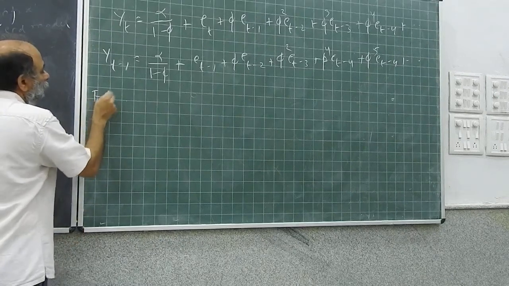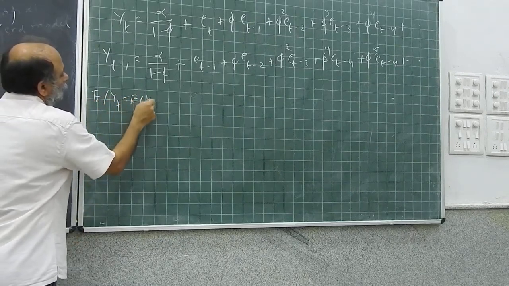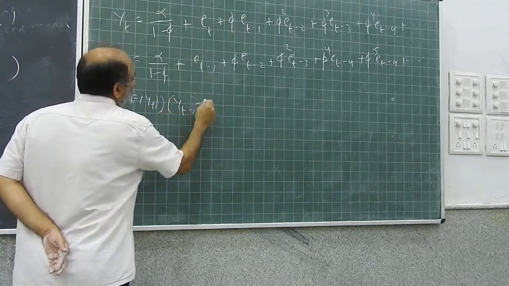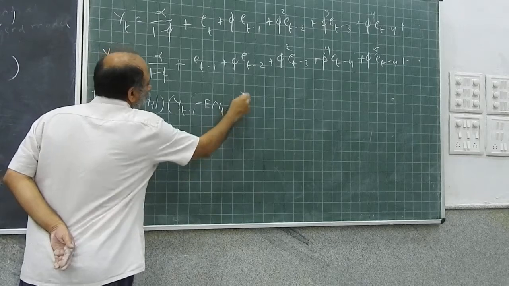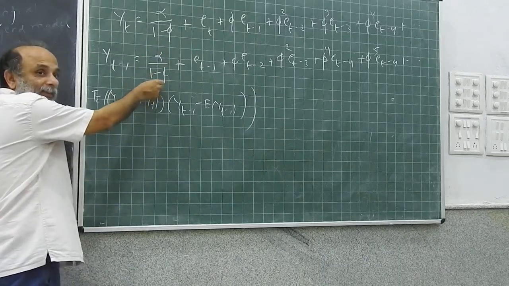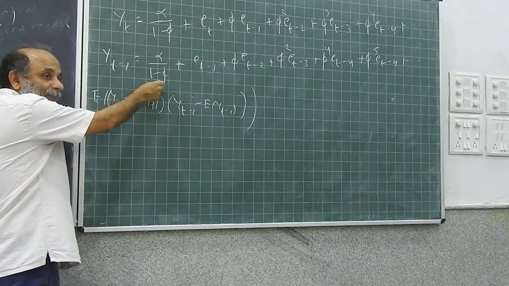So this is what I am looking for. I want the covariance between y_t and y_{t-1}. So it is expectation of y_t minus expectation y_t into y_{t-1} minus expectation y_{t-1}. Expectation y_t is this, expectation y_{t-1} is this. They are both the same.